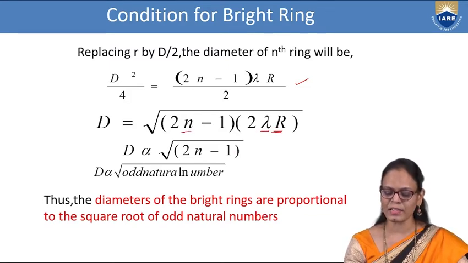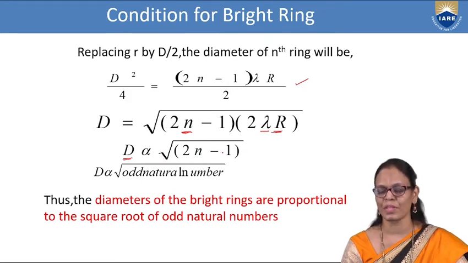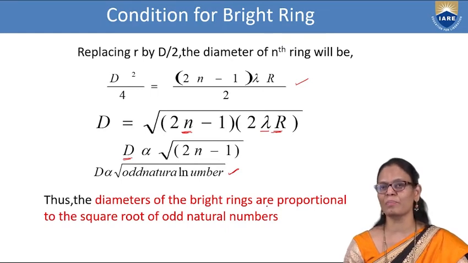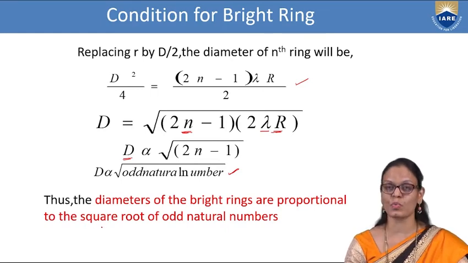So as the number varies, the diameter of the ring varies. The diameter is directly proportional to the square root of (2n minus 1). So 2n minus 1 always gives us an odd natural number. So what we conclude here is the diameters of the bright rings are proportional to the square root of odd natural numbers.